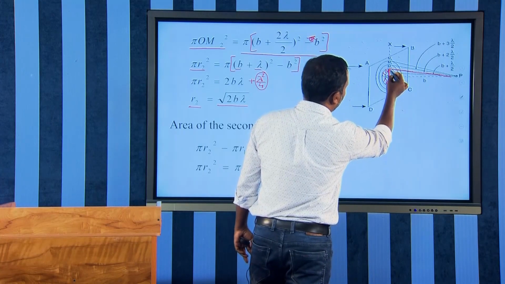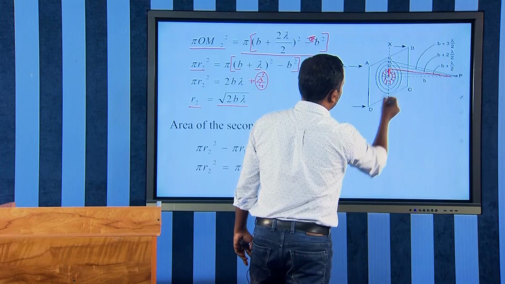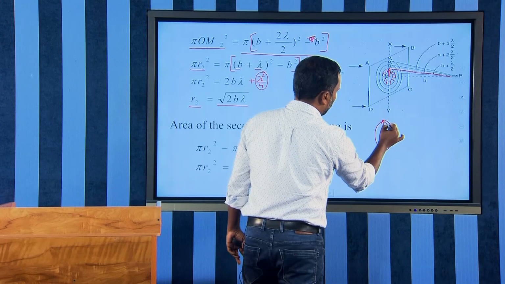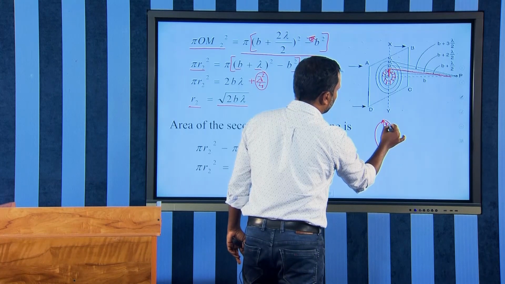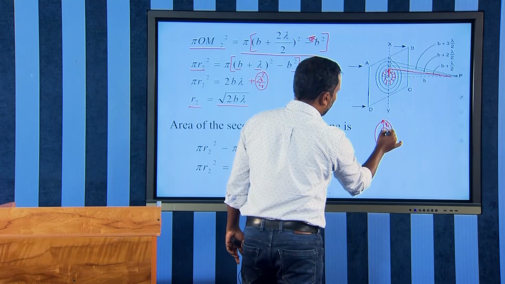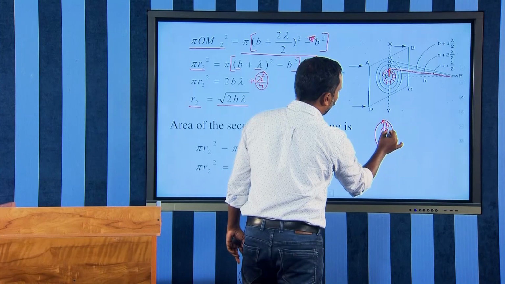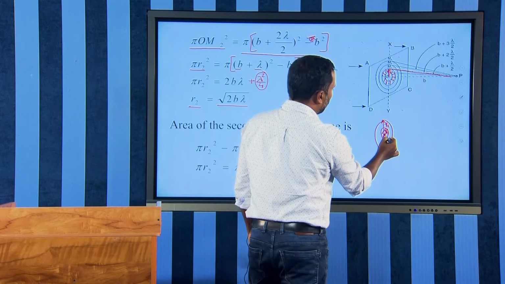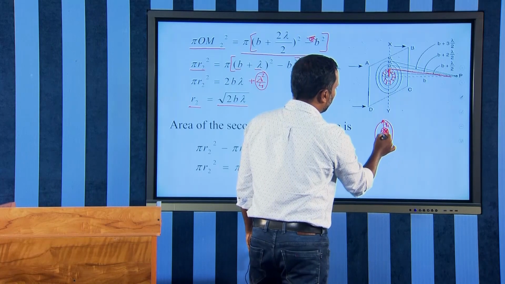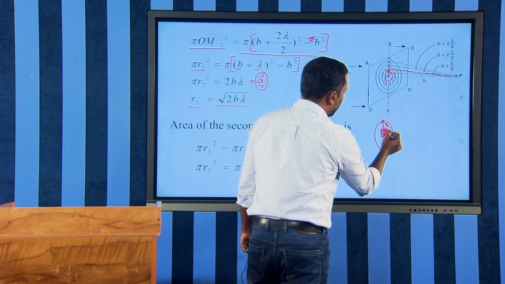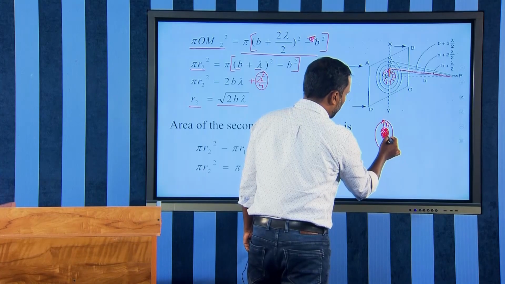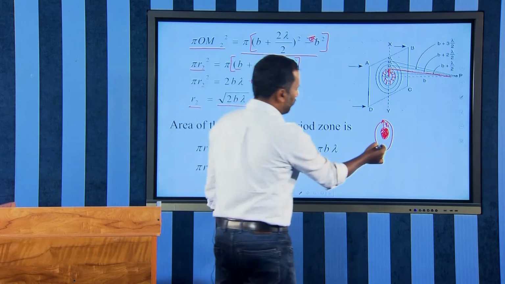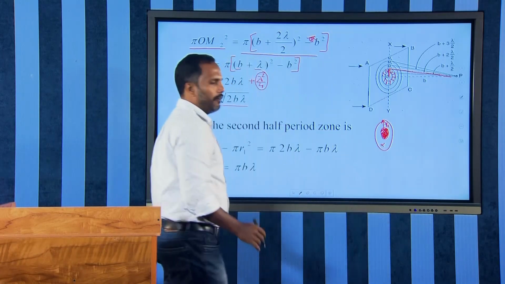So, we are finding the total area here. This is the circle of radius r2, and there is an inner circle that is of radius r1. Once you have this total area, you have to subtract the area of the inner circle from the total area, then you can obtain this particular area value.